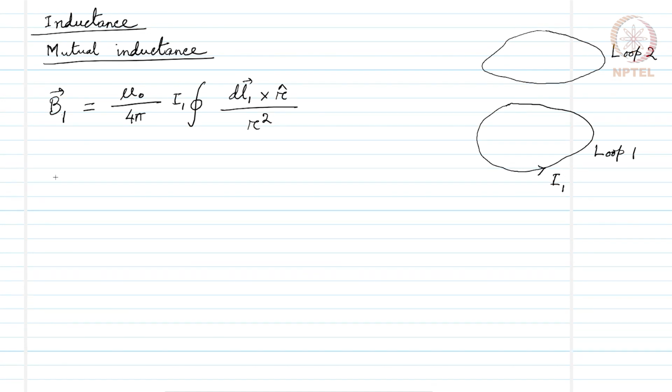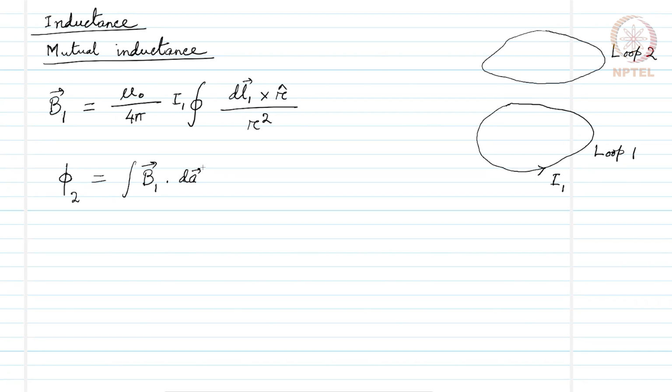And if we now try to find the flux due to this magnetic field on the second loop, we call it phi 2, the magnetic flux at the second loop due to this current, that will be the integral of B1 dot dA.